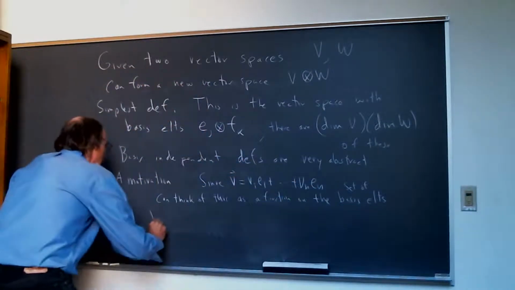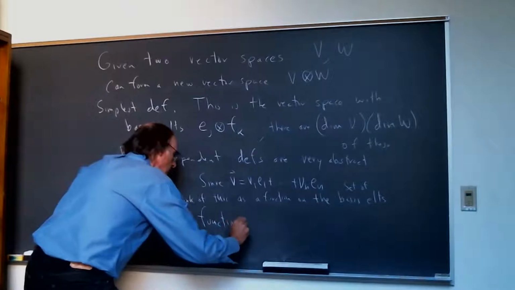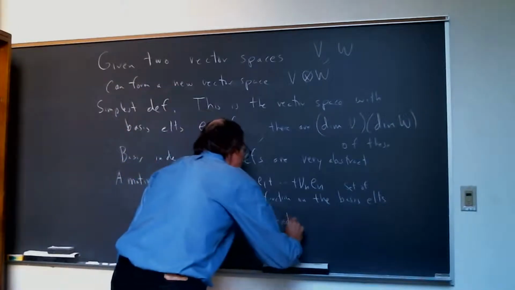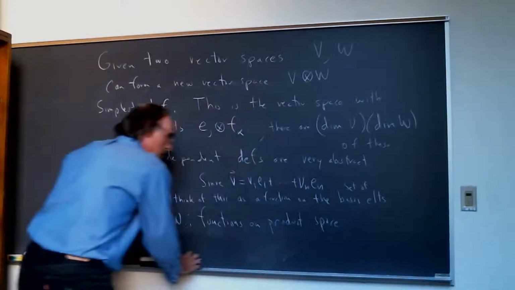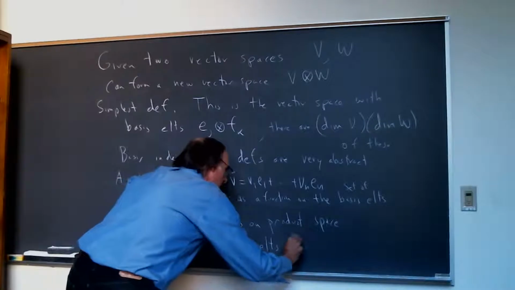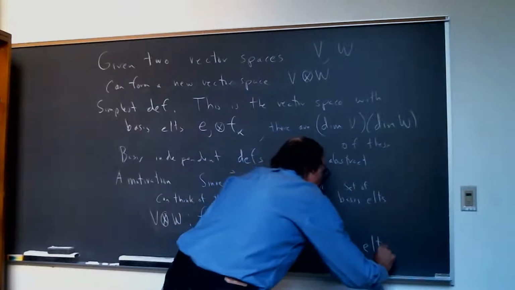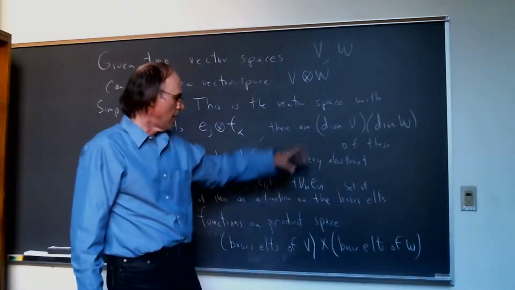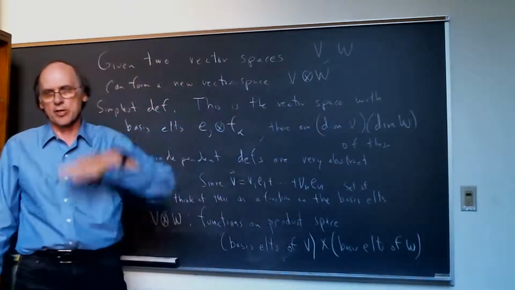But now the question is, V tensor W is going to be the functions on the product space, which is the set of basis elements of V cross basis elements of W. So very often it's a good idea to think of your vector space as a vector space of functions on something.